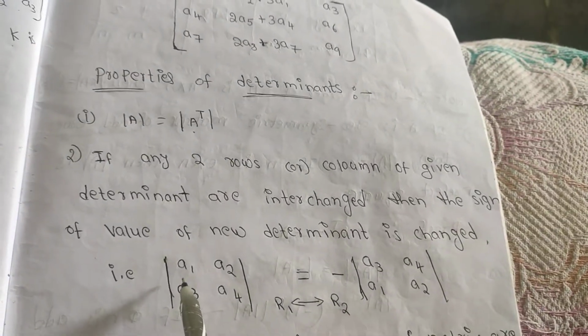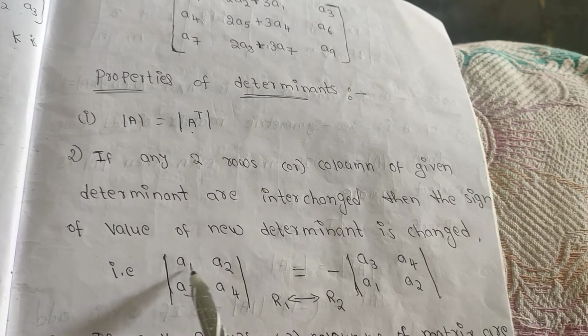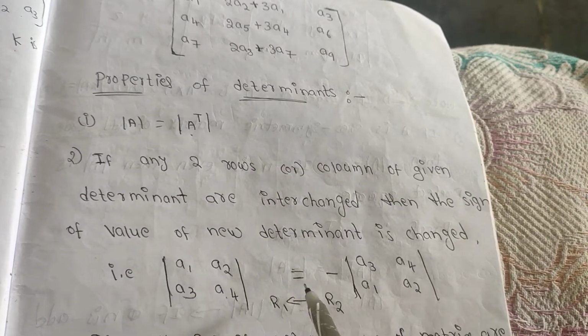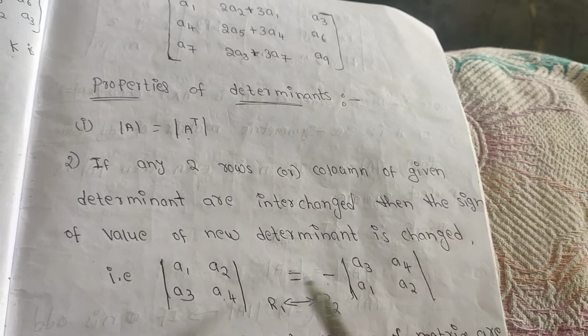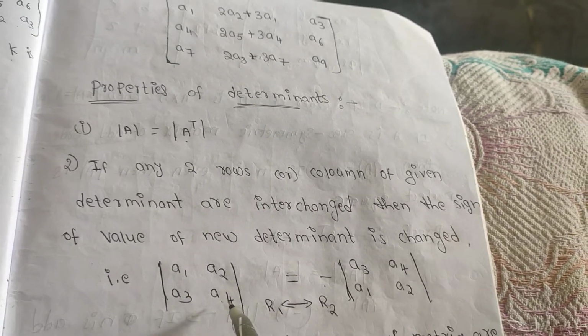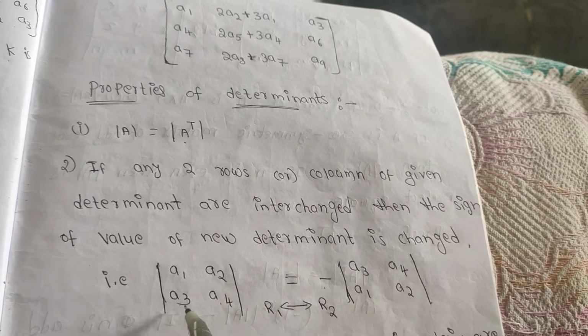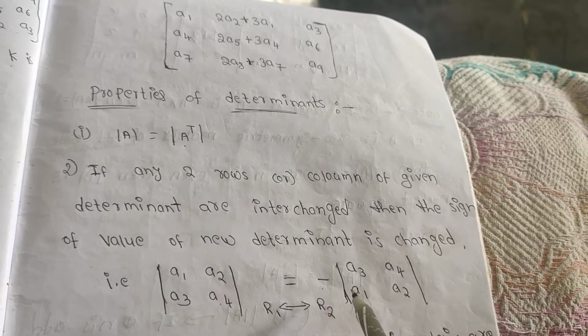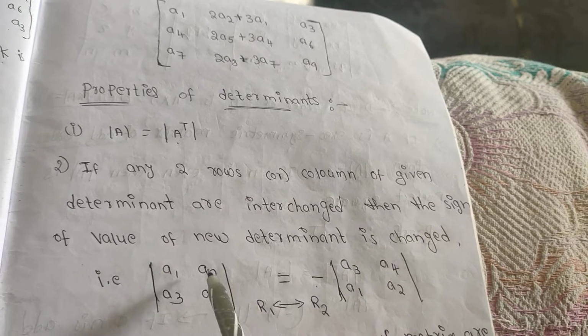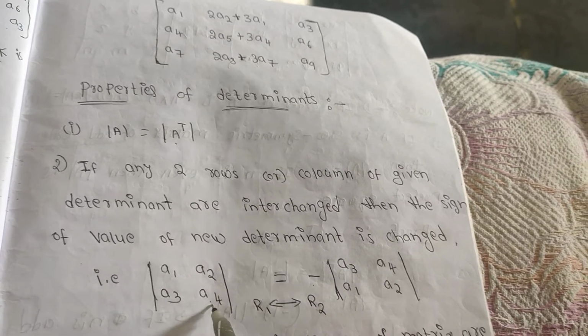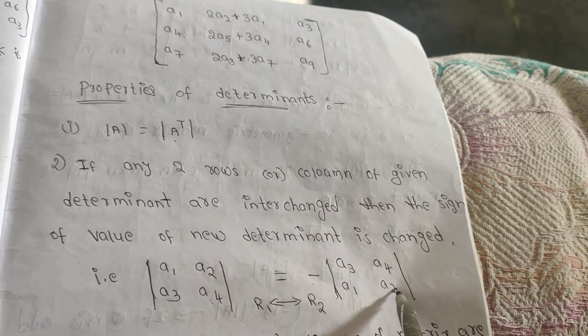That means if the determinant of a 2 by 2 matrix is a1 a2 a3 a4, then this determinant is nothing but minus of the determinant with the first and second rows interchanged, a3 a4 in the first position and a1 a2 in the second position. For suppose this value is 3, then the new value is minus 3.